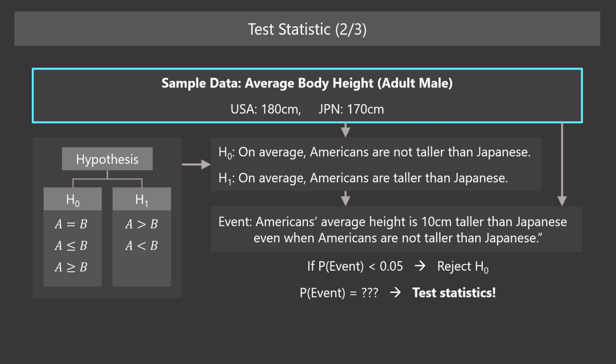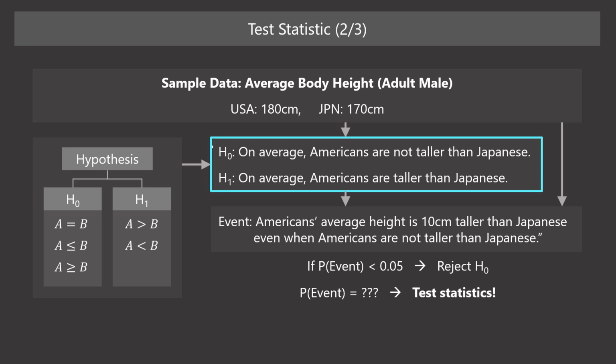Remember that a null hypothesis says that there is no difference between groups. So, in this case, we can set the null hypothesis that American male persons are not taller than Japanese male. And the alternative hypothesis can be that Americans are taller than Japanese.